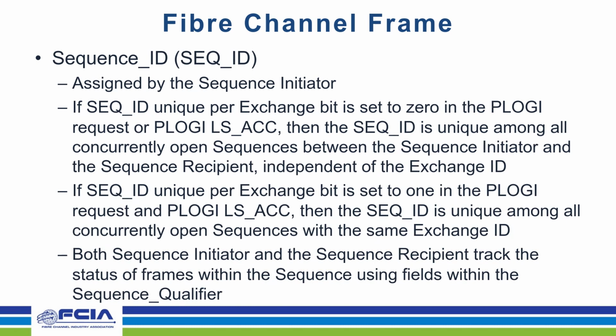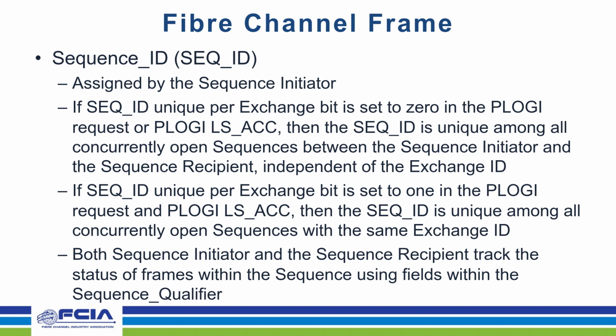That moves us into the sequence ID, where the sequence ID field is assigned by the sequence initiator. And this is tied to the sequence ID unique per exchange bit, which is in the PLOGI request. If that's set to 0, then the sequence ID is unique among all currently open sequences between the sequence initiator and the recipient, independent of the exchange ID.